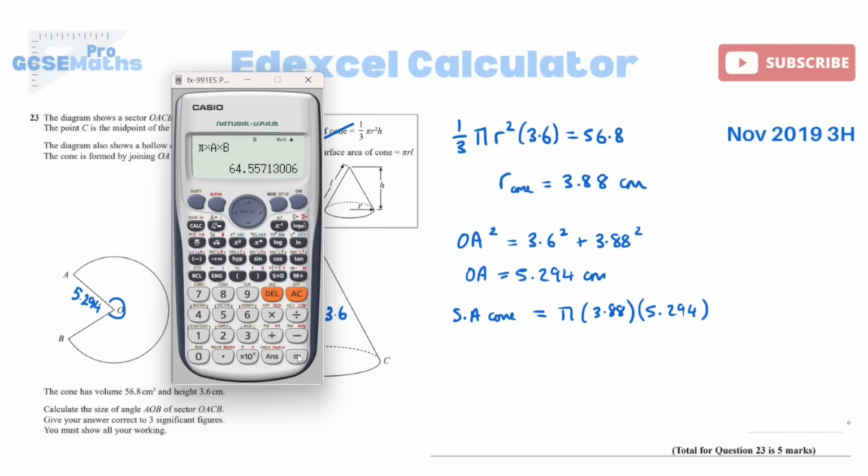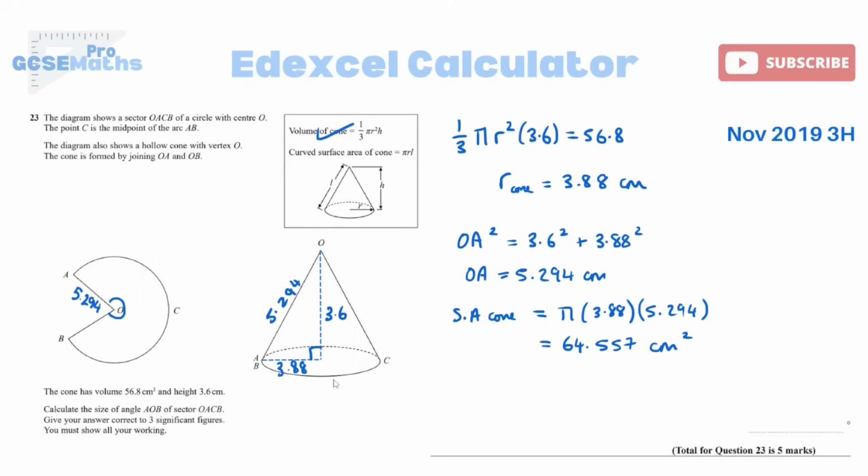I really try not to round anything too soon when I can. So I've got 64.557-ish. Now think how that links also to the sector. The curved surface area of the cone, if you were to open up the cone and lie it flat again, is also the area of the sector. So that's how they also relate.